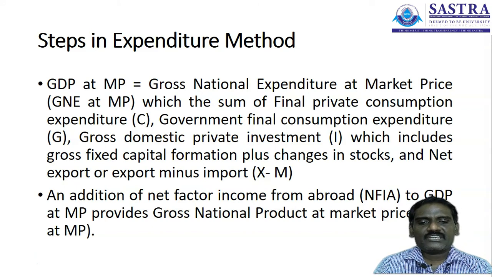In addition to this, net factor income from abroad added to gross domestic product at market price will provide the gross national product at the market price. The second step, we calculate the gross national product at the market price under the expenditure method.